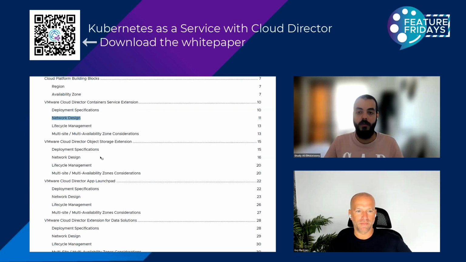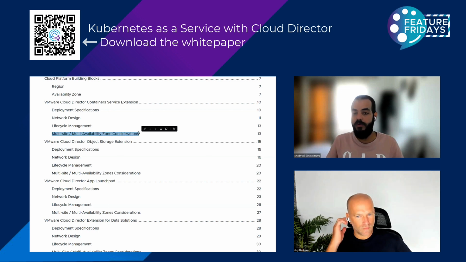Some components might need external access to the internet or to our VMware marketplace. All of that is documented here. Then the lifecycle management, which is around the upgrade cycle, what are the areas that the provider should take care of when they are upgrading that component. And finally, the multi-site considerations, right? Because again, we are talking here about a larger scale platform.